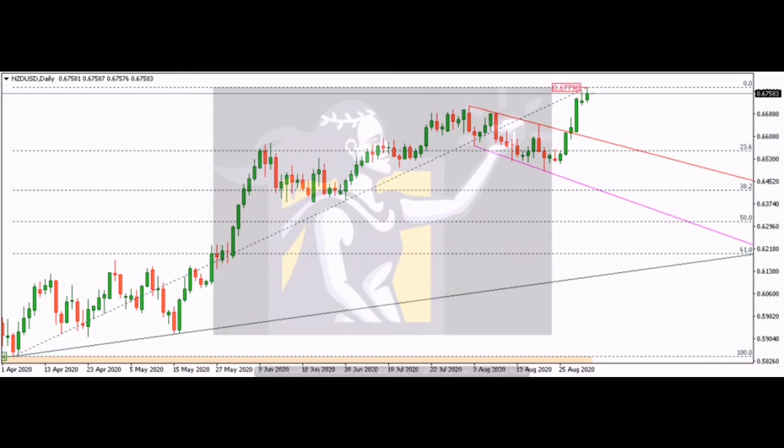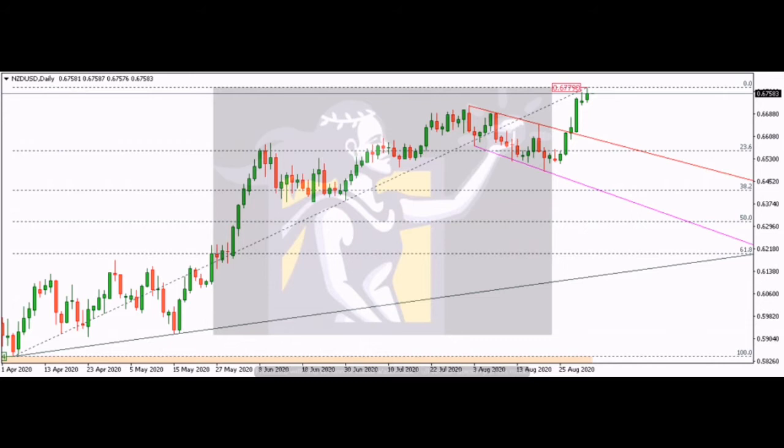Now, on the downside, the New Zealand USD, or I should say the Kiwi US, is likely to come across the following support levels, as you can see on the chart. At support 1, you'll find the 66.89, which is the high of July 23, 2020. Second support is the 66.24, which is a horizontal support zone.